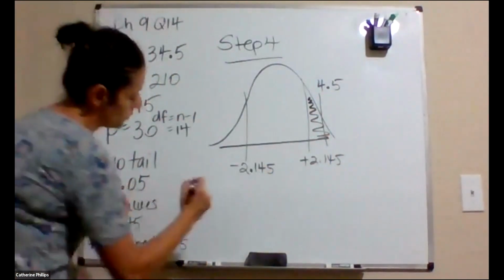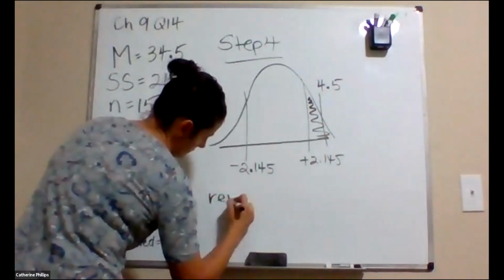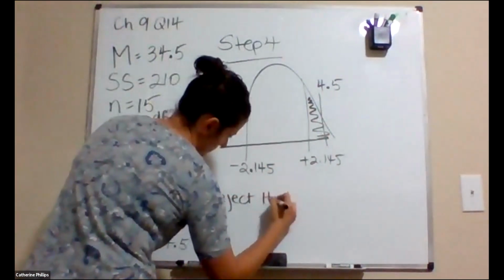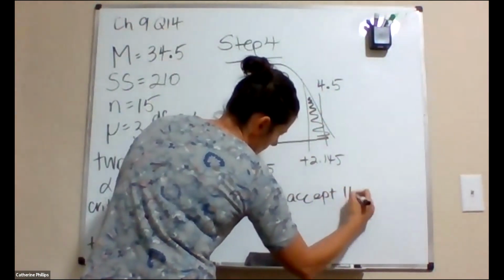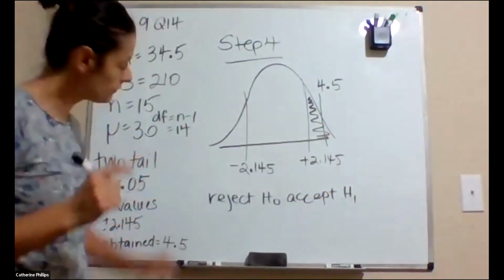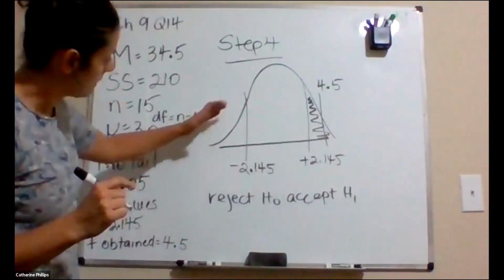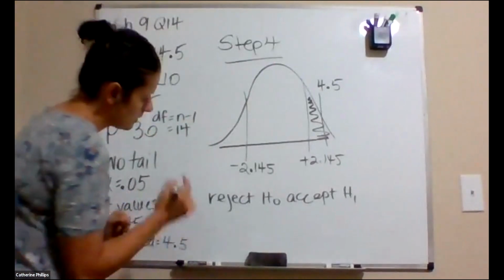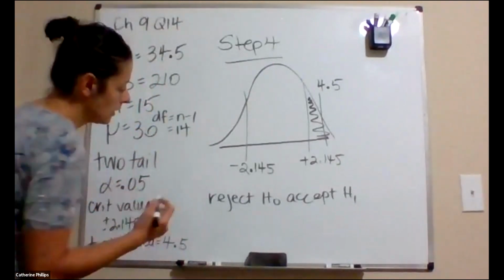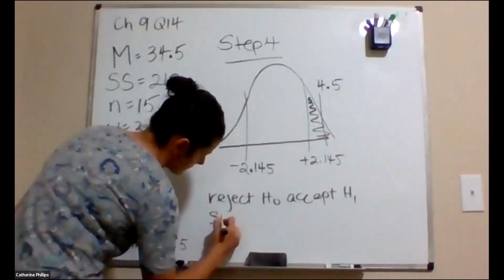So we are going to reject the null and accept the alternate. That's your decision. This can serve as your evidence, and you need to interpret that. There's a significant difference.